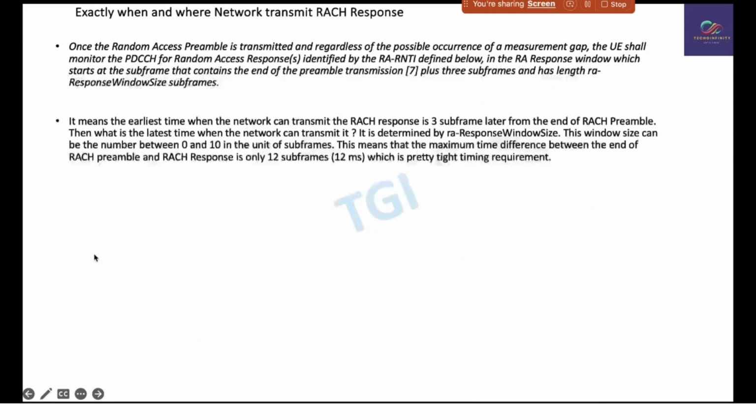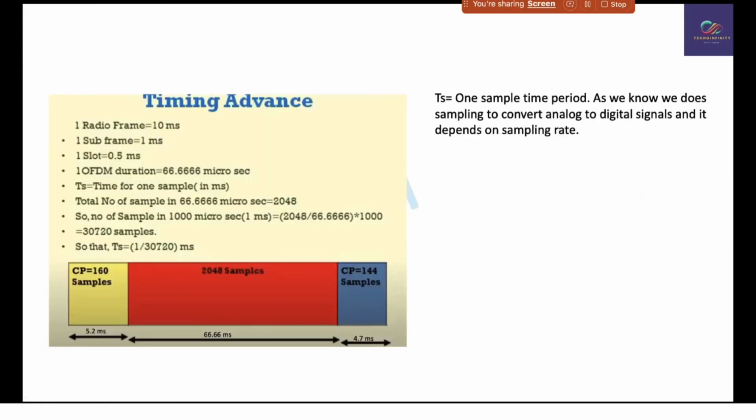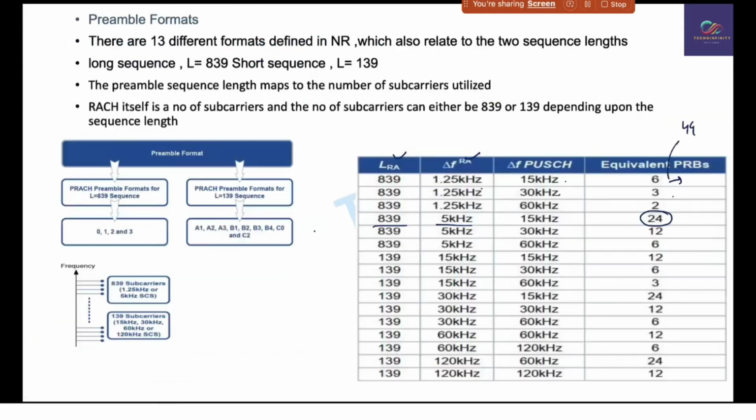But when we talk from the 5G point of view, this is not the case, because we have different subcarrier spacings. For 839 with 1.25 kilohertz subcarrier spacing for random access, we are getting 6 PRBs. But for 30 kilohertz, it is 3 PRBs.